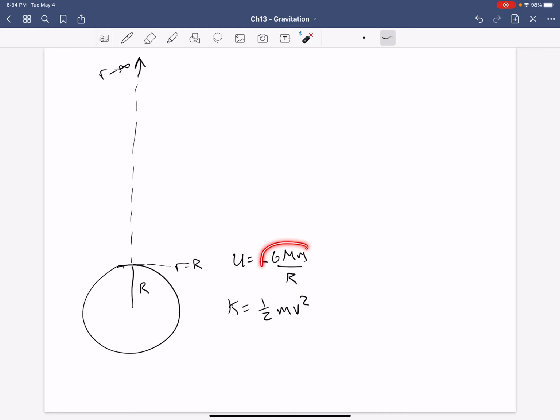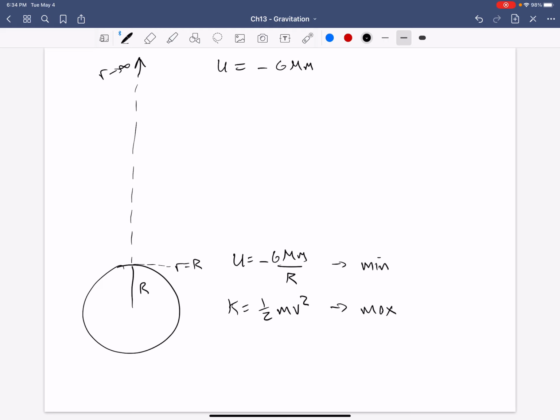That means the potential energy has to be at a minimum. And in fact, it is, right? They're the closest they will ever be. So U is at a minimum, all right? Kinetic energy is at a maximum.